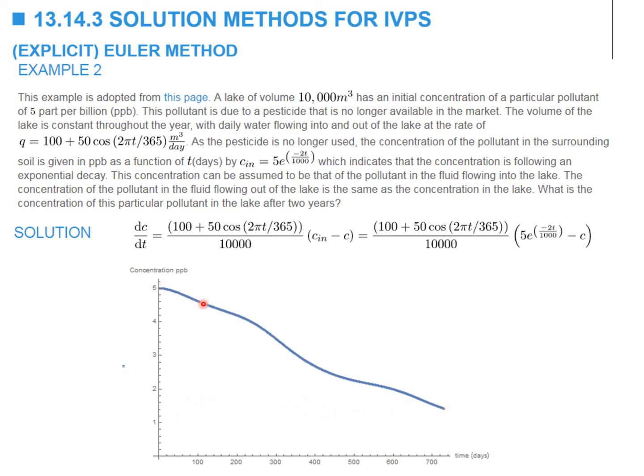And you can see that this is the overlapping of two functions: the exponential decay that's happening for the concentration that's coming in, and you can also see the periodic change, due to the periodic nature of the fluid coming in and leaving the lake.